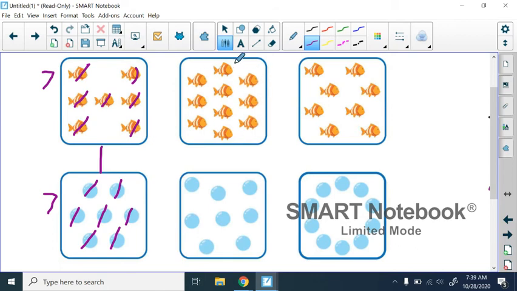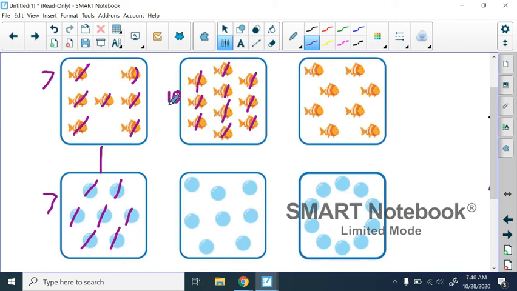All right, I'm going to try this next group. 1, 2, 3, 4, 5, 6, 7, 8, 9, 10. Oh, there are 10 fish in this picture. So I'm going to put the number 10 because that is the last number I counted.